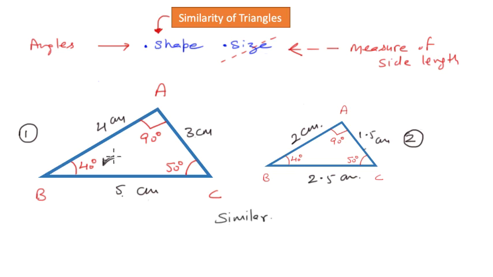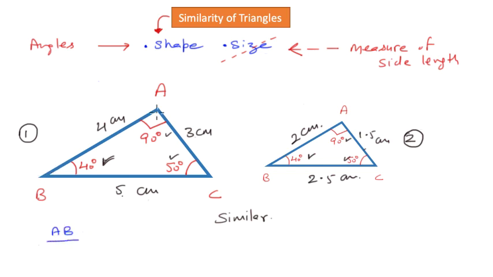They are similar because the corresponding angles are identical, and hence we define them to be similar. But sometimes you are not given the angles, only the dimensions. In that case, we find the corresponding ratio of the sides.